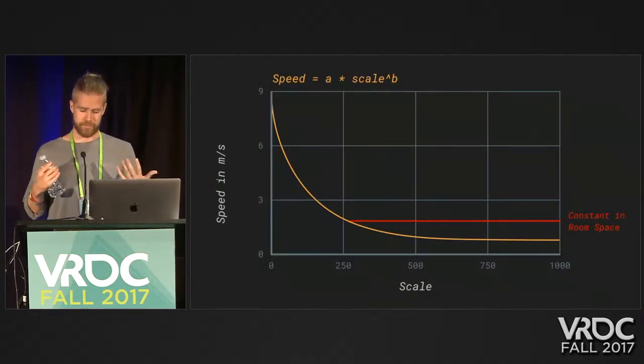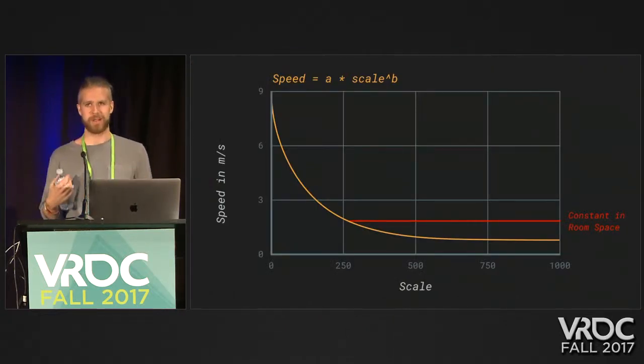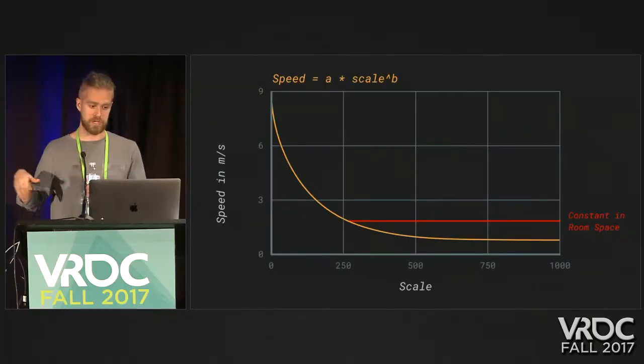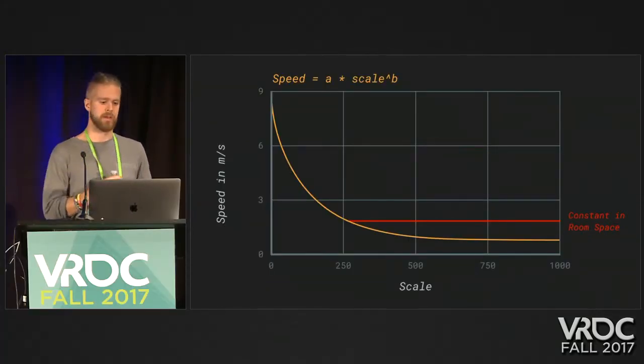So we realized maybe we should go against the device and introduce some acceleration. Who knows? We came up with this power curve, which basically means that in room space we fly faster at lower scales, and then as the scale gets bigger, we slowly reduce the speed in room space.